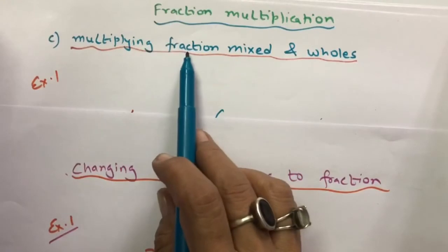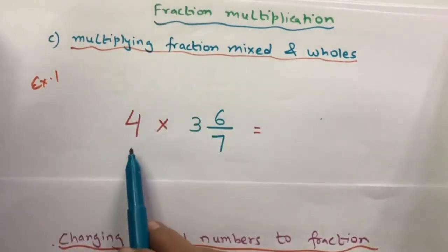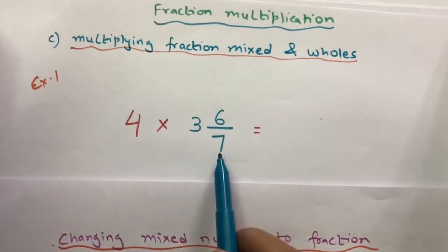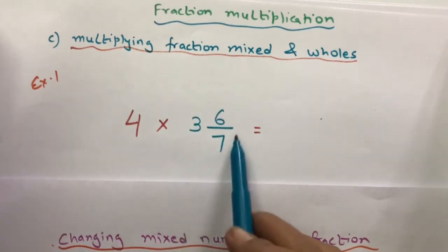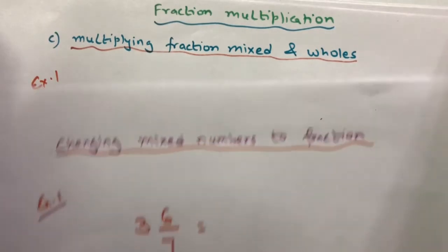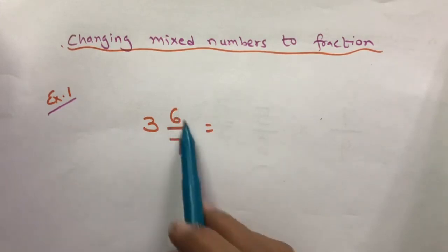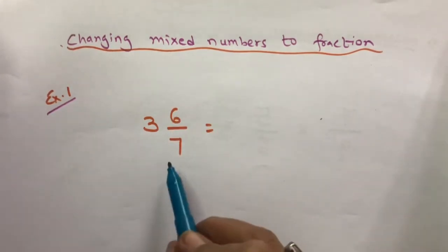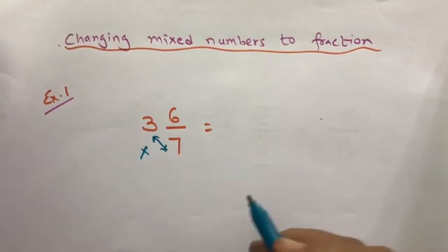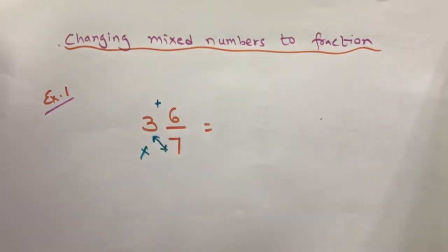Multiplying a mixed fraction with a whole. So here we have the example 4 into 3 6 upon 7. First we have to change this to a fraction. This is a mixed number, so let us change this first. I will teach you how to do this. For a mixed number, we multiply these two numbers, and then whatever the result is, we add it to the numerator.